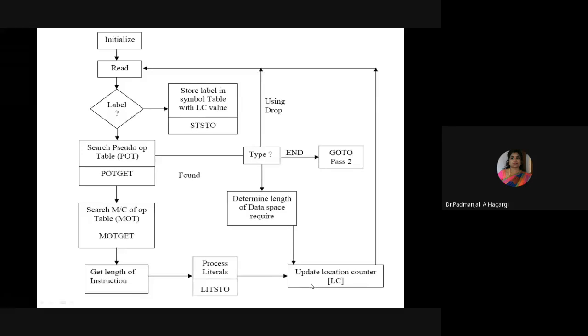After finding out the type of the statement and its length, this concludes the end of that statement, and again it goes to the next line of the program, using the location counter.